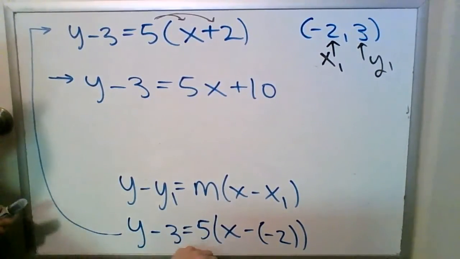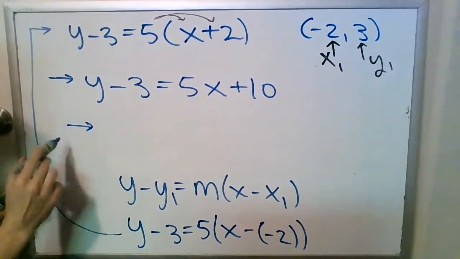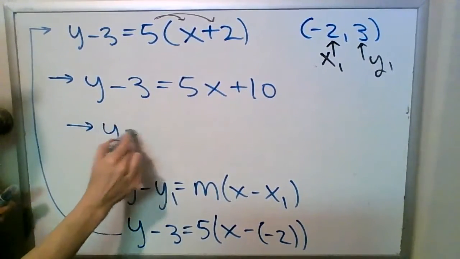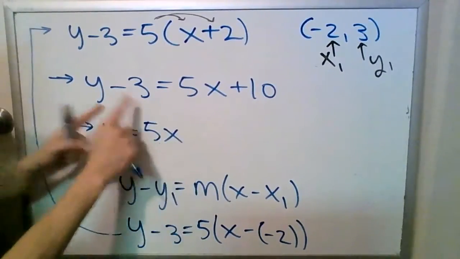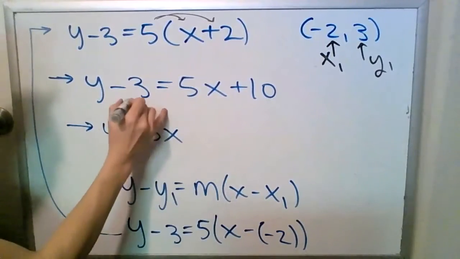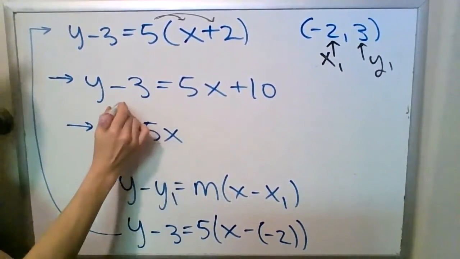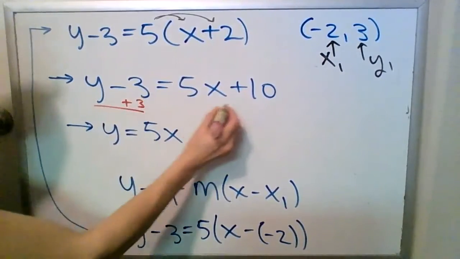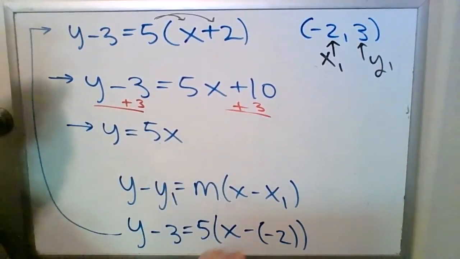And since it's the equation of a line, it's usually written with y on one side, and then your x value, 5x. And we're going to add 3 to both sides. So adding 13.